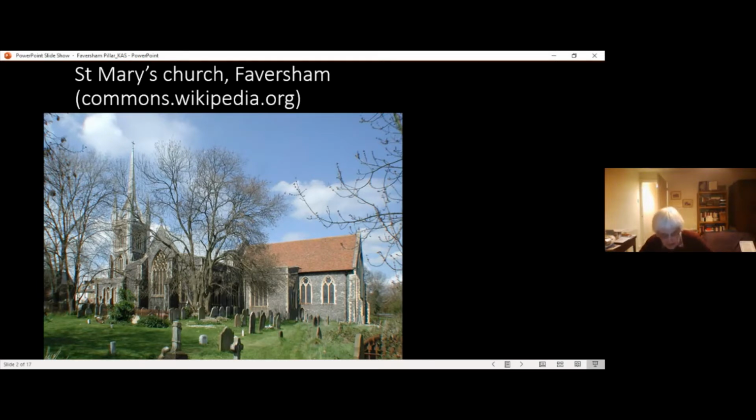Nevertheless, the abbot of Faversham Abbey was not keen to let go, and the senior men of Faversham were heavily engaged in mounting a defence in the King's Court in that very late 13th century period. And that involved hiring the services of a lawyer and getting themselves a copy of Magna Carta.